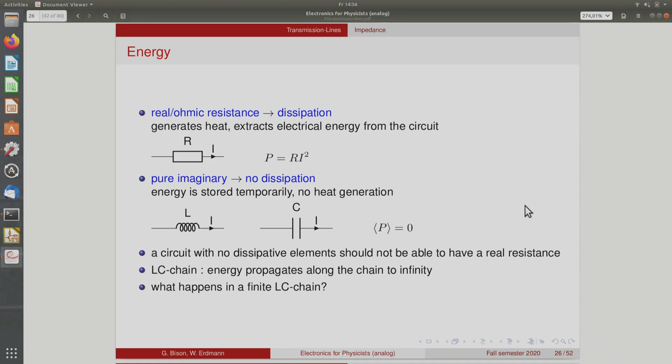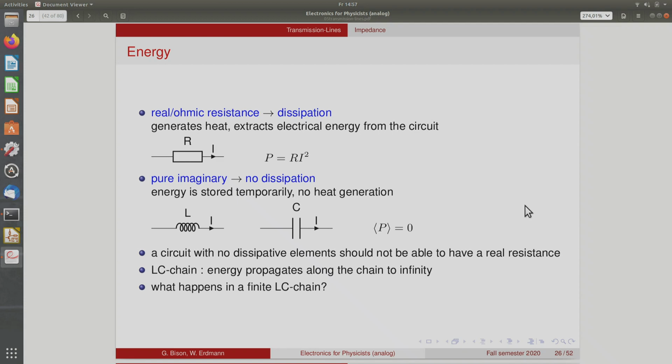A capacitor and an inductor don't do that. They have pure imaginary impedances, so they only store energy temporarily and give it back later. So if you have a circuit that consists only of elements that cannot dissipate energy, how do you get a circuit that appears to dissipate energy?